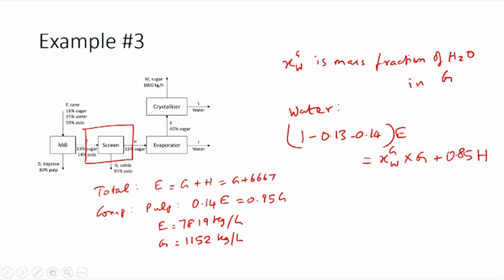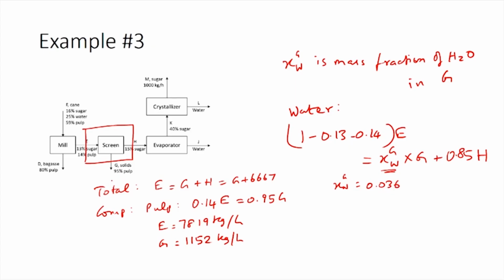Now that we have all these values, the only term which is unknown here is XWG. So, we can calculate the mass fraction of water in the stream G as XWG equals 0.036. So, how much of sugar is present in your solid stream?